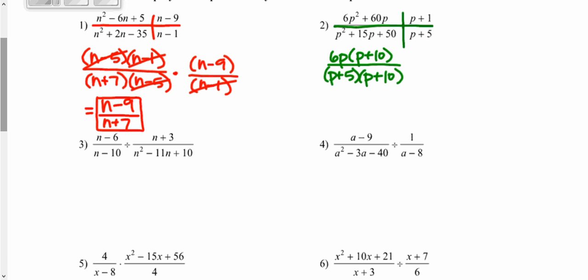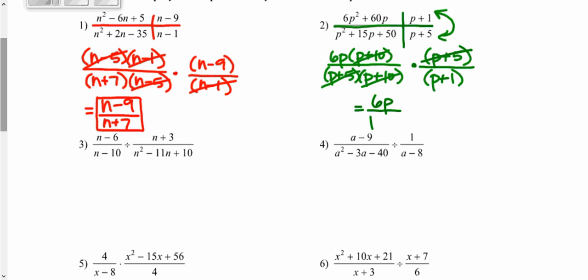Now I've covered it up, but this was actually a division problem. So remember, we have to multiply by the reciprocal. So I'm going to multiply by flipping the second fraction, p plus 5, I can't do anything with that, and p plus 1, which I can't do anything with. So p plus 10 cancels out, p plus 5 cancels out, and I'm left with the final answer, 6p over p plus 1.